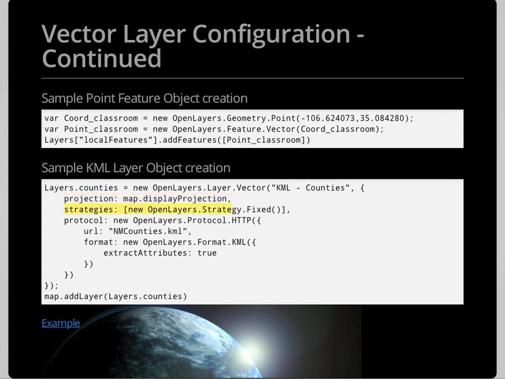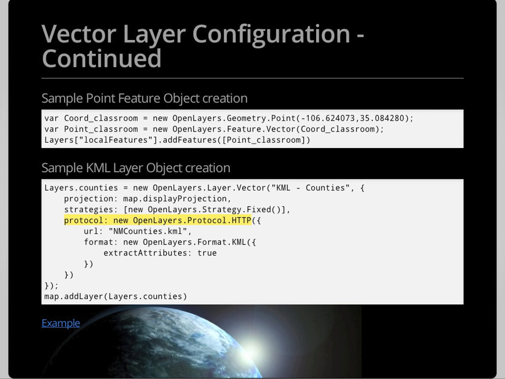Here we're defining the strategy that should be used for this particular KML vector, where in this case, we're saying essentially use a fixed strategy to retrieve all of the data and manage all of the data within the client. We're specifying a protocol, where in this case, we're using an HTTP protocol, since this is a source file that we're going to pull across the internet using the HTTP protocol.